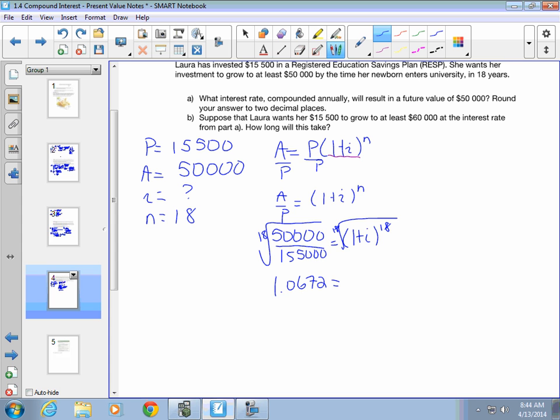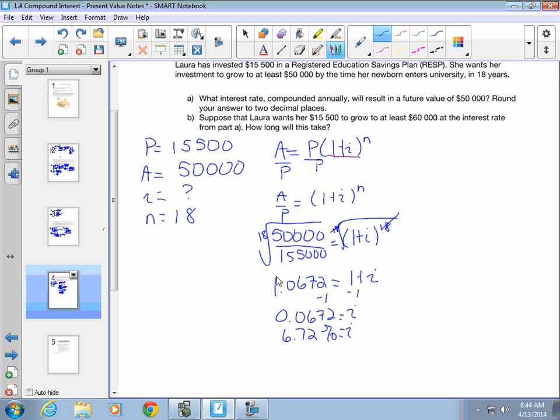So I haven't rounded it yet. I'm just going to leave it like that for right now. It is equal to 1 plus I, because this and this will cancel. So that means I'm going to subtract 1. So 0.0672 is equal to I, so the interest rate, if I round to 2 decimal places, will be 6.72%.